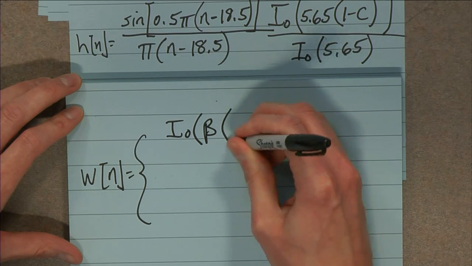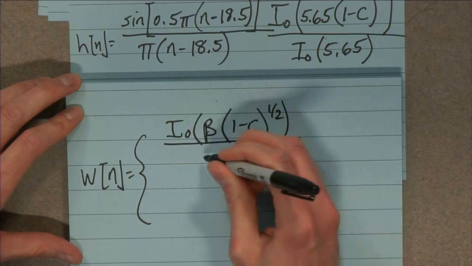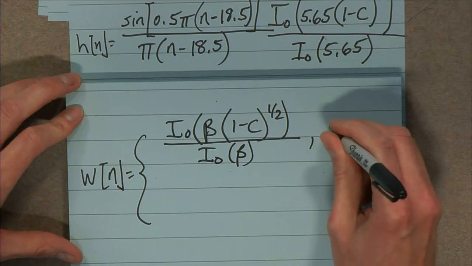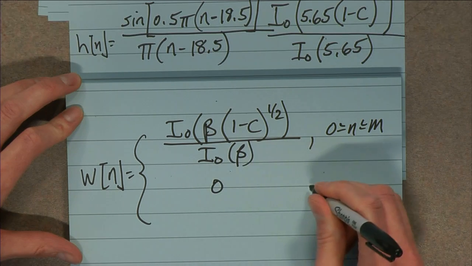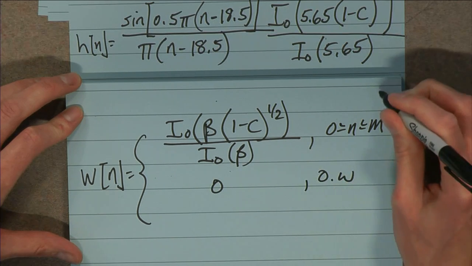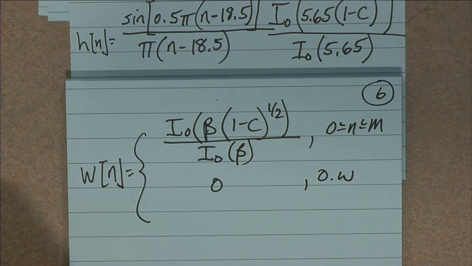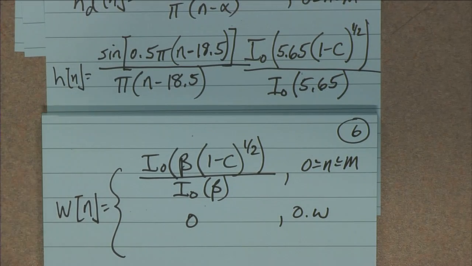I0 of beta times 1 minus c to the 1/2, all over I0 of beta, and 0 otherwise. So that's what we're going to try to stick into MATLAB and see what happens. So we've got those two. Let's see if I can bring up MATLAB here.